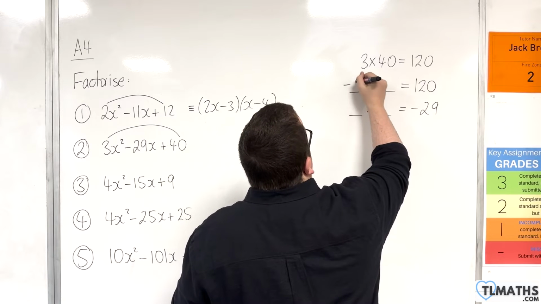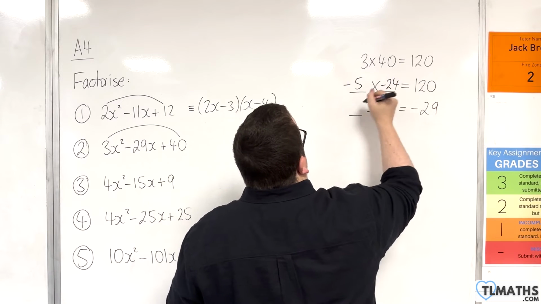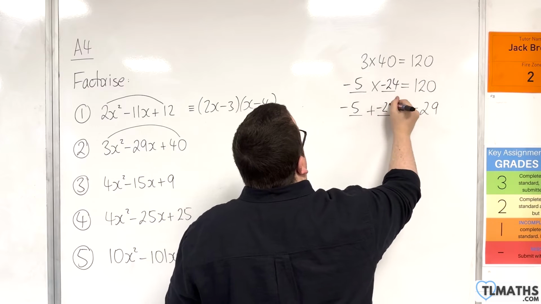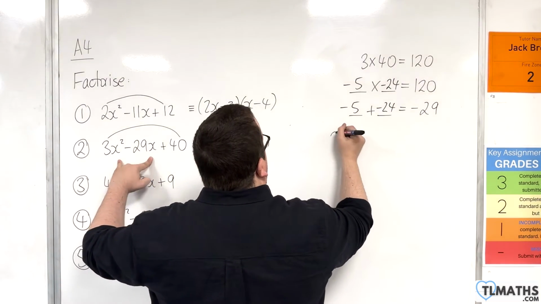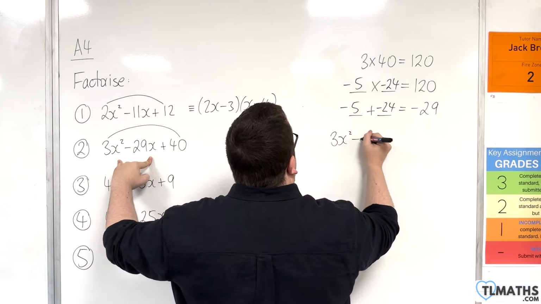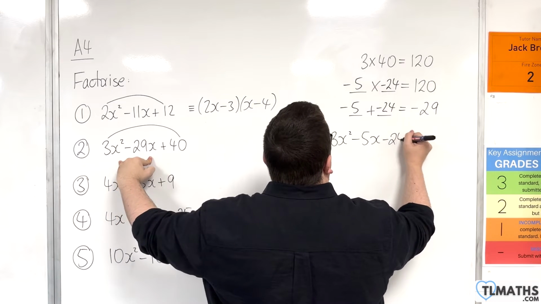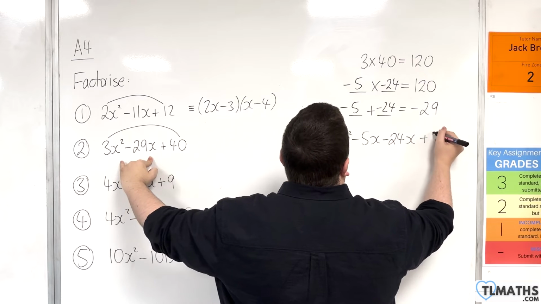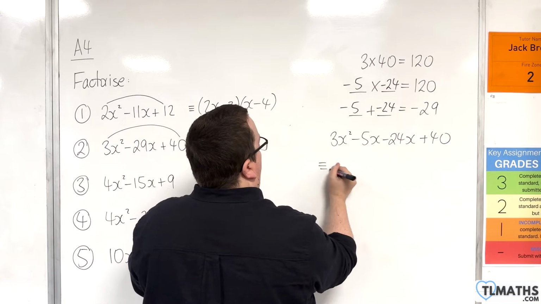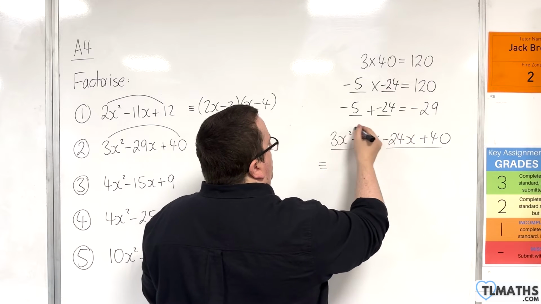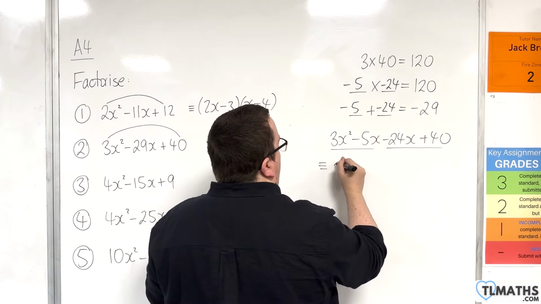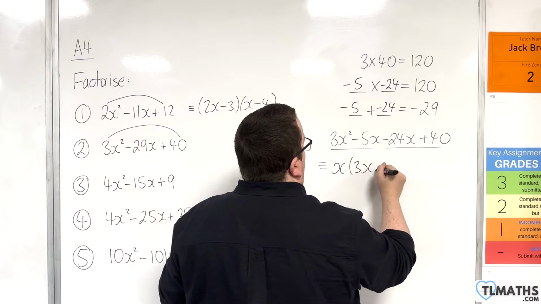So minus 5 and minus 24, that works out. So 3x squared, take away 5x, take away 24x, plus the 40. So split it up. So factorising our first half, we're just going to have x, and then 3x take away 5.